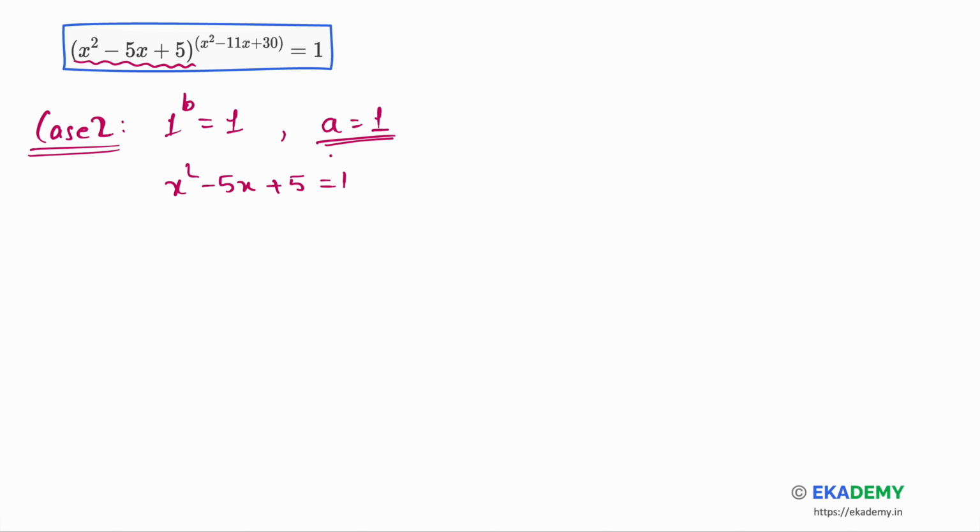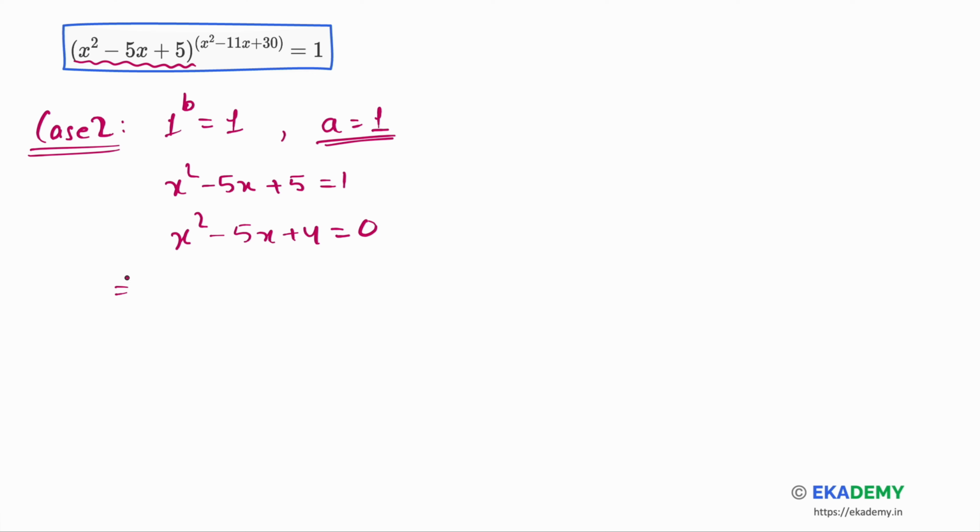This is a quadratic equation. However, it is not written in standard form. We need to write it in standard form. So, subtract 1 from both sides, and what we will get is x square minus 5x plus 4 equals 0. Now, this is in standard form, and again we are going to use the factor method to find the solutions of this quadratic equation.